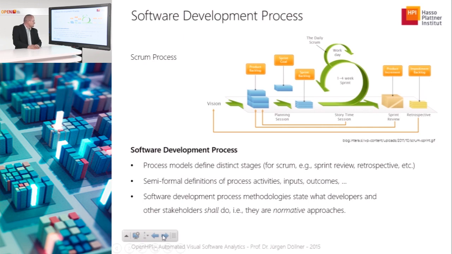Software development process methodologies state what developers and other stakeholders shall do at a certain point in time, at a certain point during the process of the development. Insofar, software development process methodologies are normative, so they describe what shall be done.